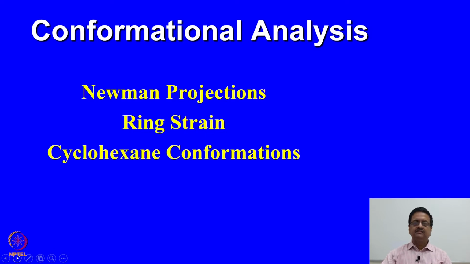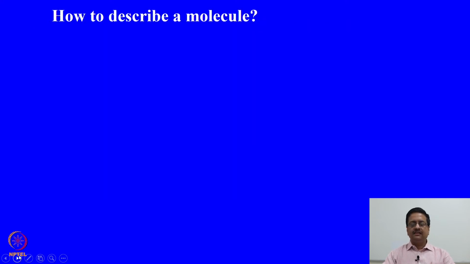In this series of lectures, we will talk about Newman projections, ring strain and cyclohexane conformations in the next few lectures. The first question that we would like to address is how to describe a molecule.